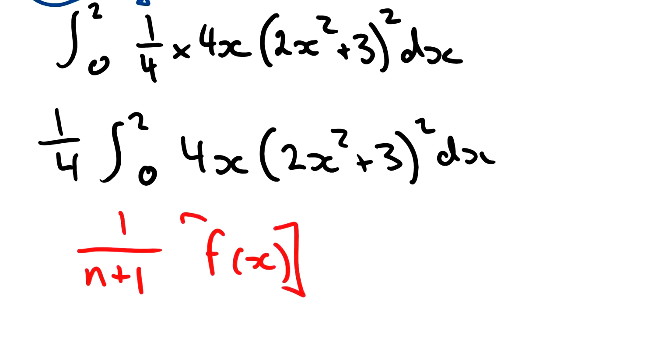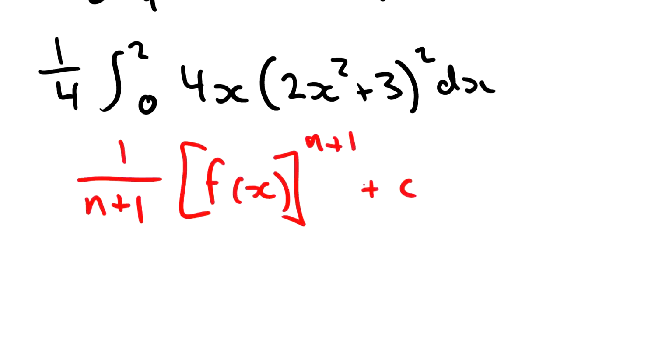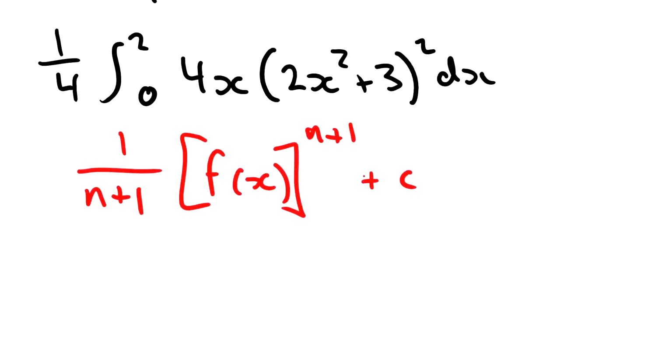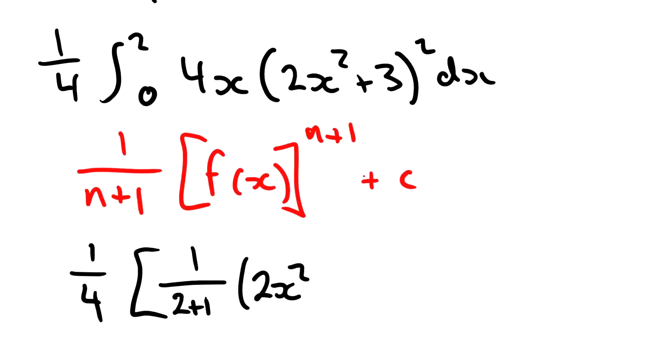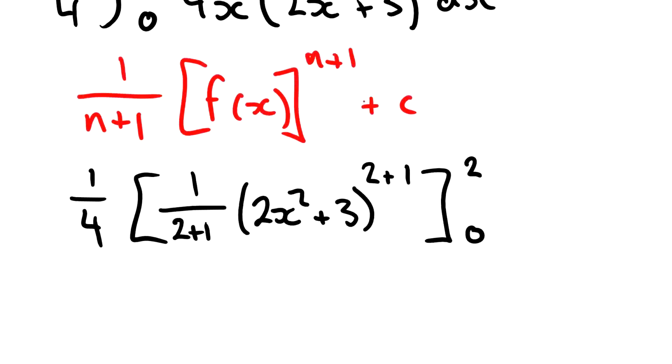Let me just change these brackets to n plus 1. So knowing that, we get 1 over 4, we get 1 over 2 plus 1 here, 2x squared plus 3 to the power of 2 plus 1. And we don't need our c, but we do need to make sure we add our ranges there.